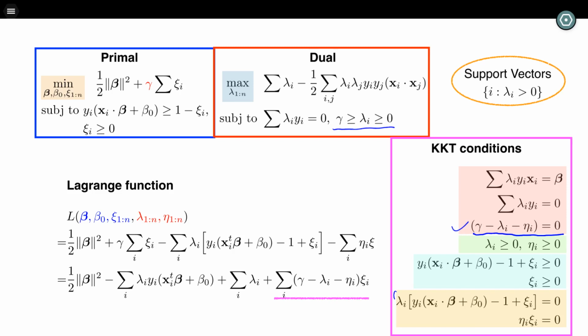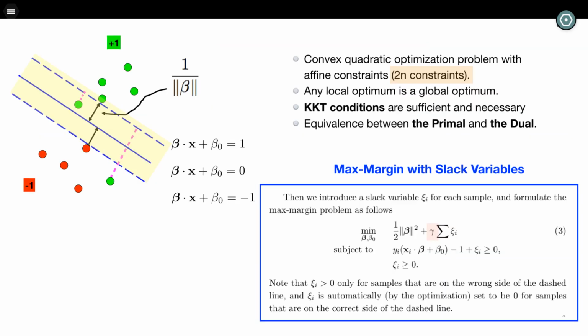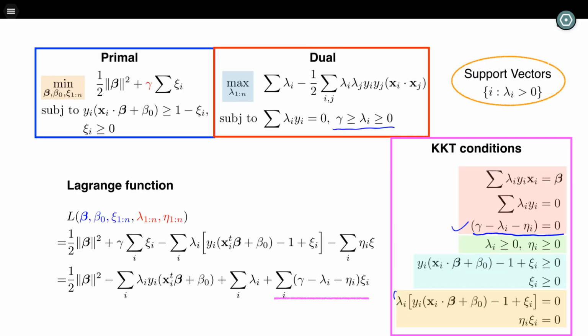But what I just described about who's going to have non-zero lambda i, you're going to find out what the support vectors are here, meaning the lambda i's are not zero.